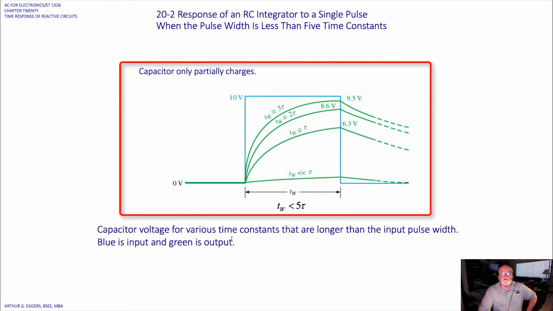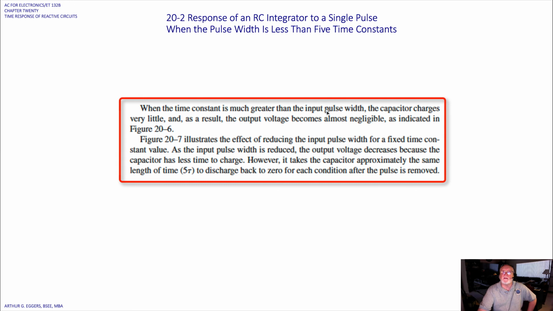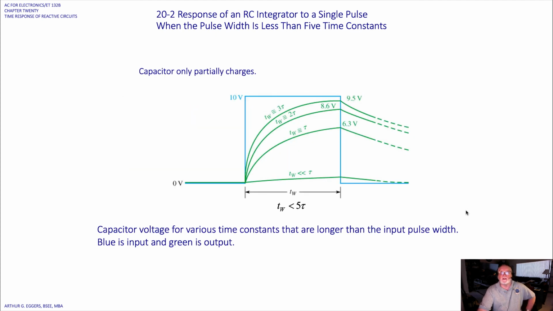Capacitor voltage for various time constants that are longer than the input pulse width will have less time to charge. When the time constant is much greater than the input pulse width, the capacitor charges very little, and as a result, the output voltage becomes almost negligible. So again, we can see that from these waveforms.